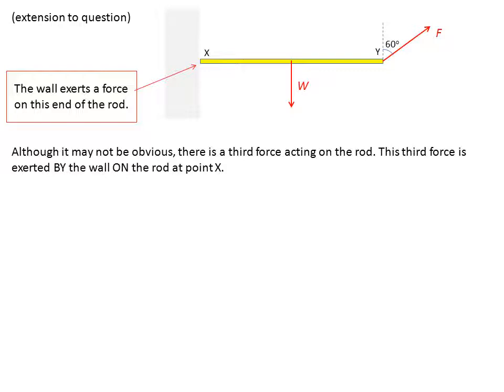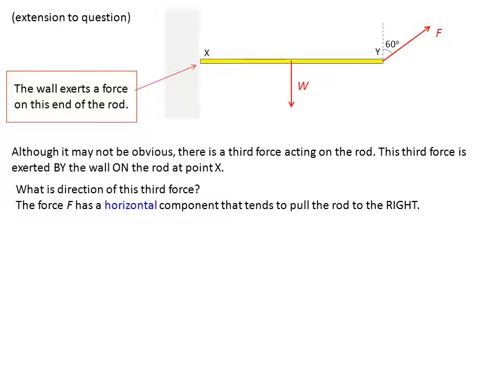It's really quite obvious because, first of all, what is the direction of this third force exerted by the wall on the rod? First of all, we notice that this force F has a horizontal component.